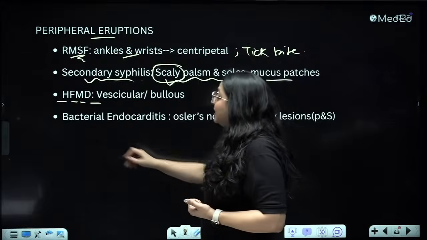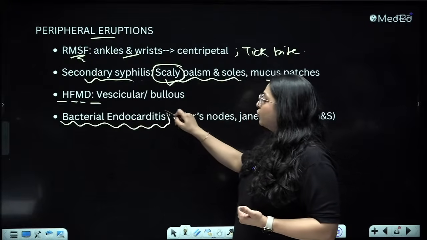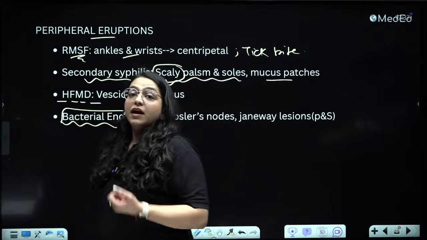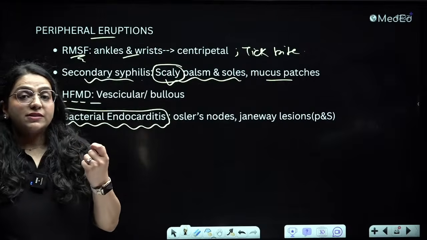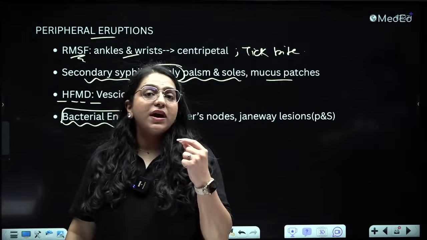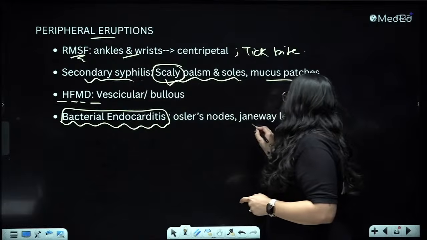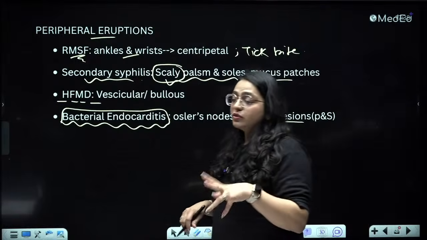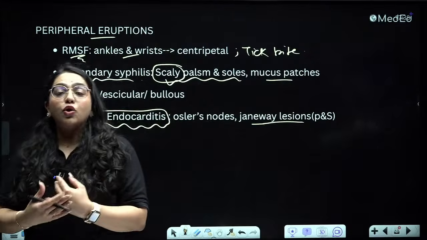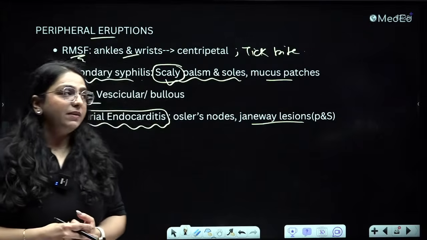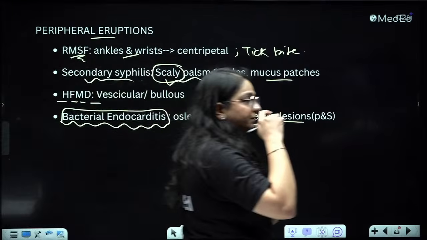Then you have bacterial endocarditis. How come nobody thought of that, right? If you have peripheral lesions, then bacterial endocarditis is also a very important DD. Remember the Janeway lesions on the palms and soles and the Osler's nodes, the nodular lesions, they can also be found in bacterial endocarditis.